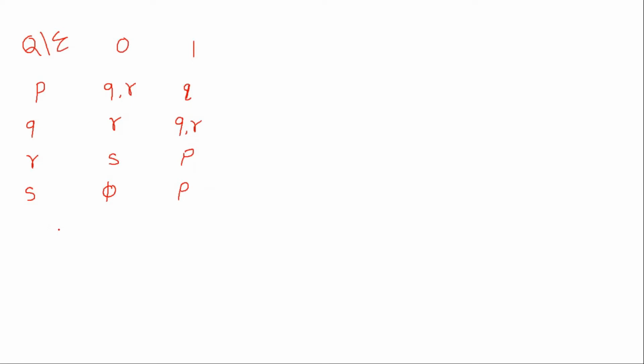Here P is the initial state, and Q and S are the final states. So here M will be Q, R, S, sigma is 0, 1, delta, P is the initial state and Q and S are the final states.